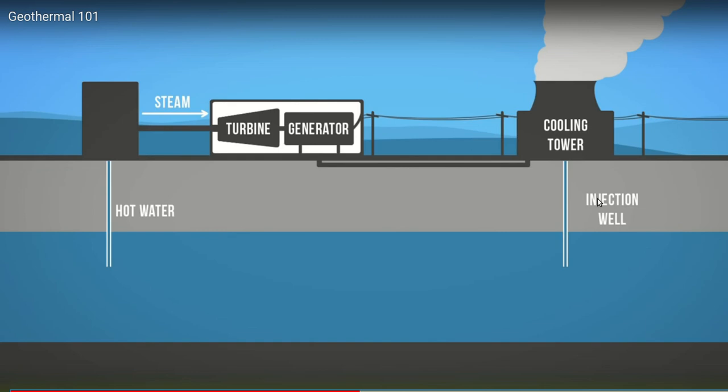Why is it called an injection well? Because the cold water is injected back into the water source, okay, into this massive area of water. So this area, that is where we found the internal heat. That is where we found the heat of the earth.